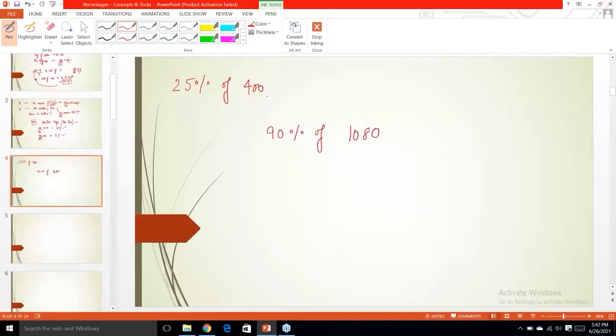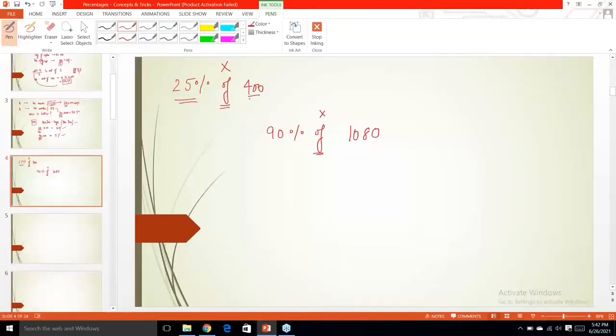"Of", as you would have studied probably in 4th or 5th standard, comes from BODMAS, bracket of. That "of" simply means it's a multiplication sign. So 25% of 400 simply means that if I were to multiply 400 by 25%, what would it become?